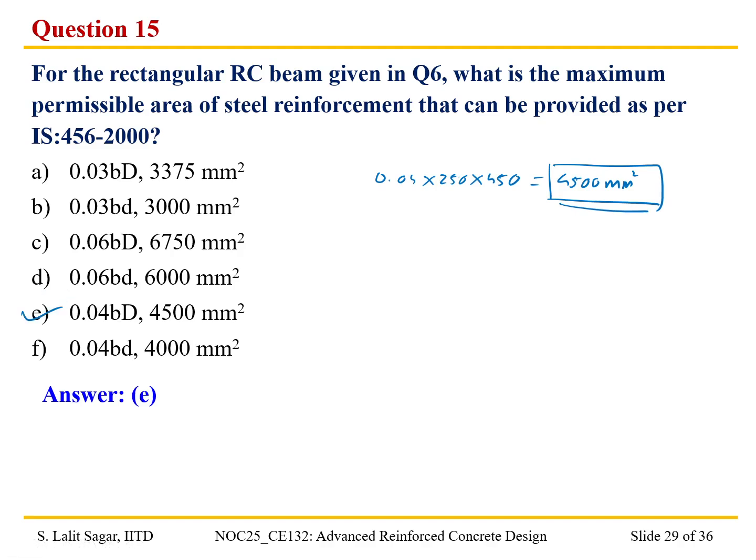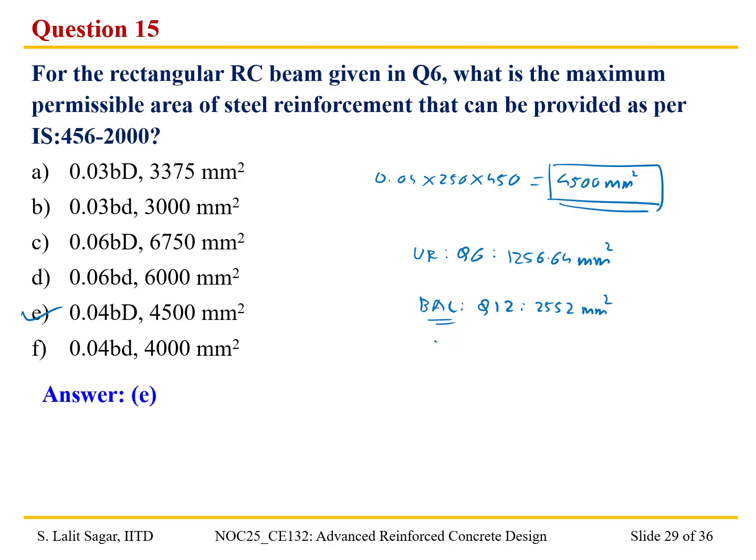Okay, so we can see that for the under-reinforced cross-section in question 6, we provided a cross-sectional area of 1256.64 mm square, and for a balanced section in question 12, I think we provided 2552 mm square.